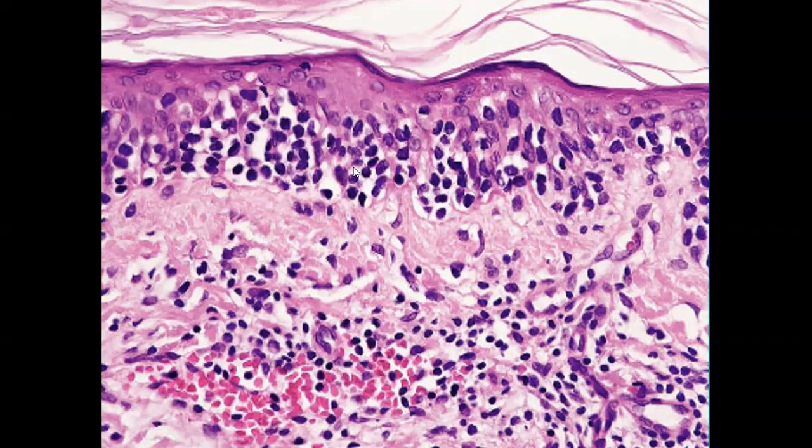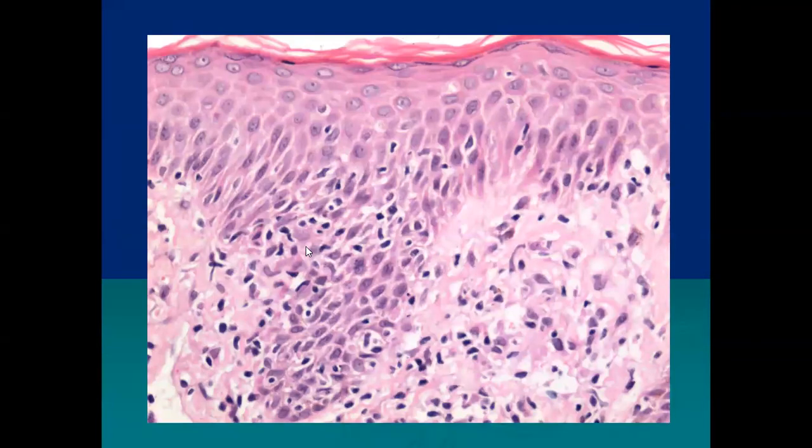This epidermotropism is different from the phenomenon called exocytosis. By exocytosis, it means that the keratinocytes are apart from each other, with gaps between the keratinocytes due to spongiosis, and the inflammatory cells find these gaps as roads to enter into the epidermis, and this is called exocytosis.